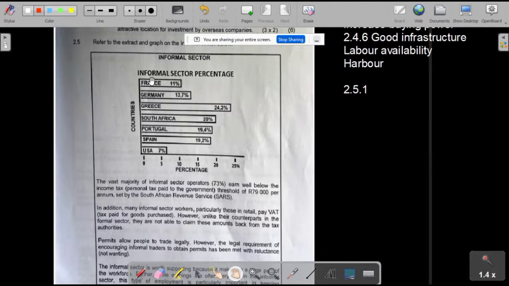There are different countries here with different percentages. France has, for example, 11% informal sector. Greece 20-24%, South Africa 20, Portugal 19, Spain 19, US 7.